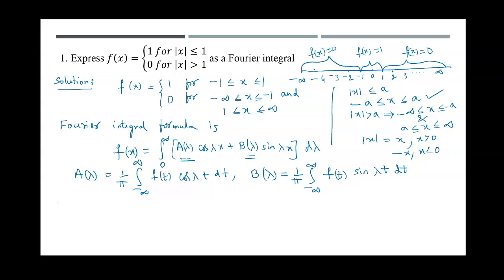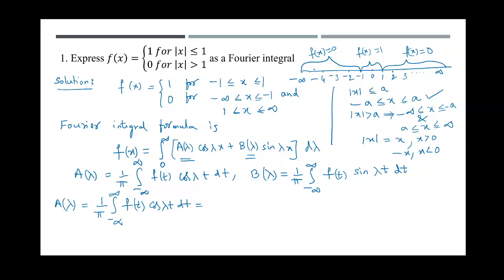So here first let us find a lambda equal to 1 by pi integral minus infinity to infinity f of t cos lambda t dt.